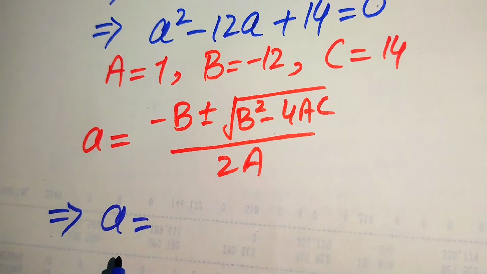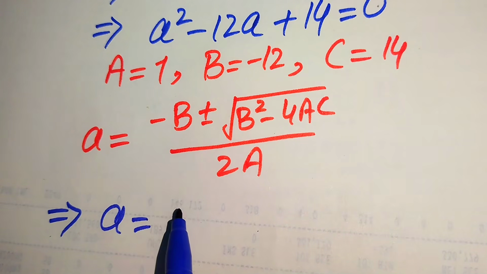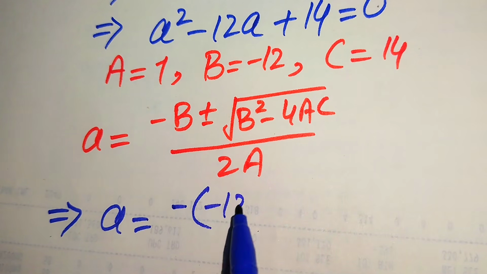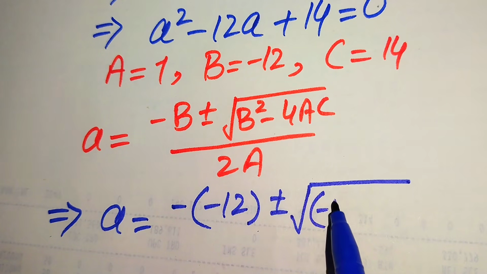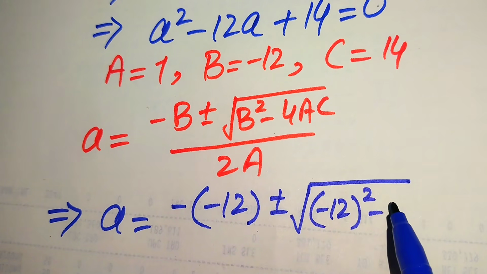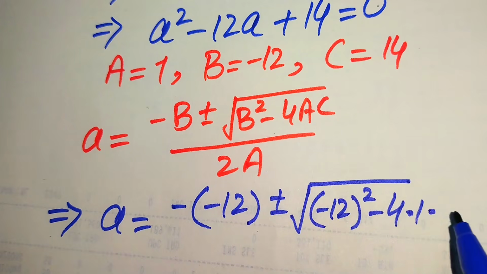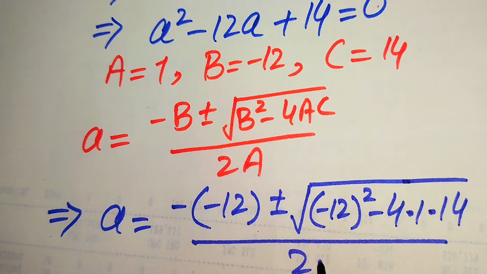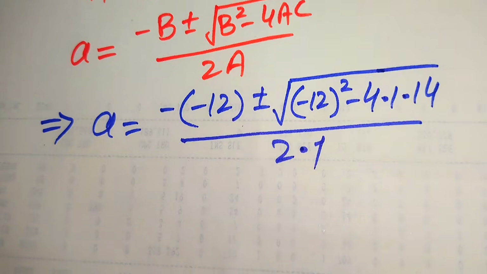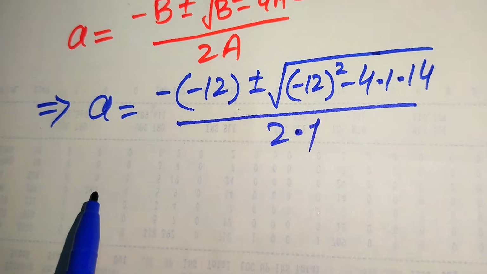Here we substitute all the values of a, b and c in this formula, and it will be written as a is equal to minus b, the value of b is minus 12, plus minus square root of b square, minus 12 square, minus 4 times a is 1 and c is 14, divided by 2 times a, and here our a is equal to 1.